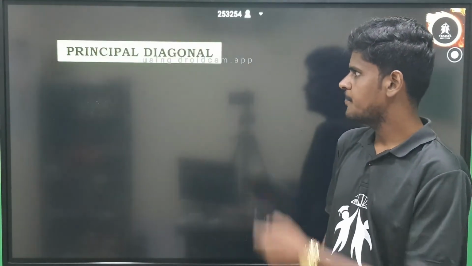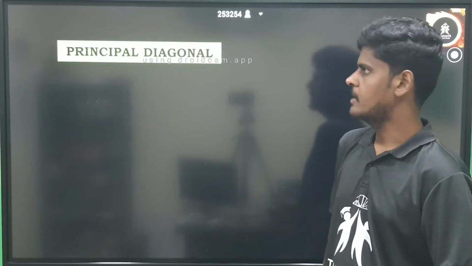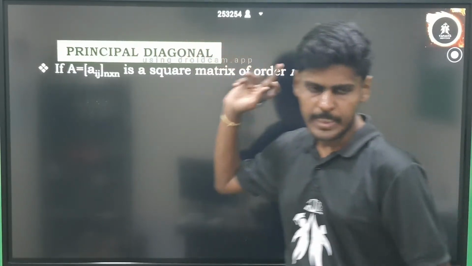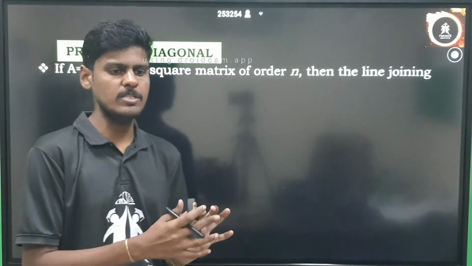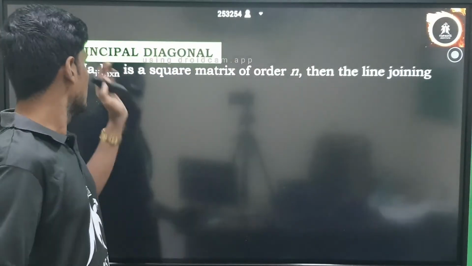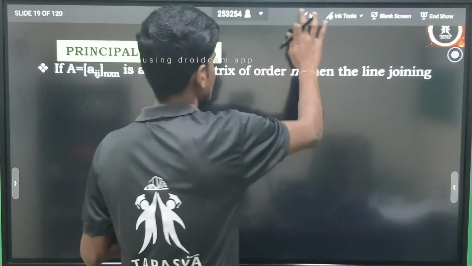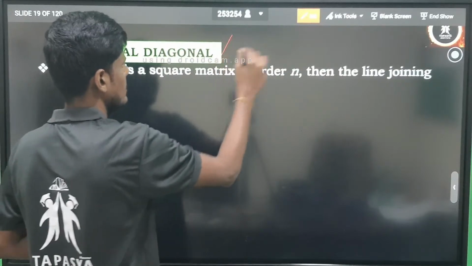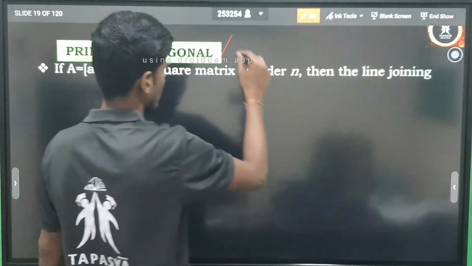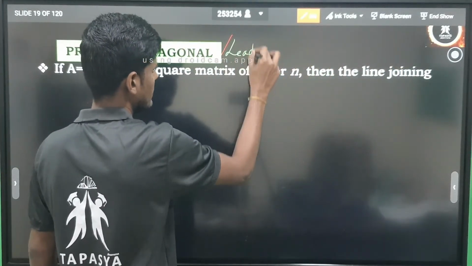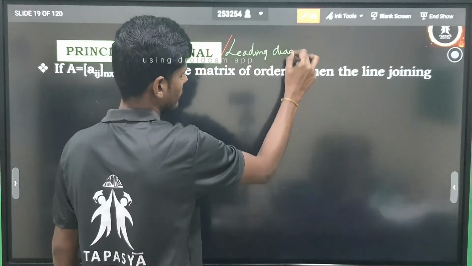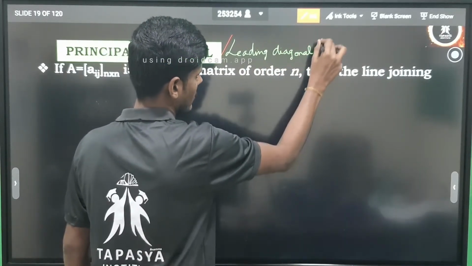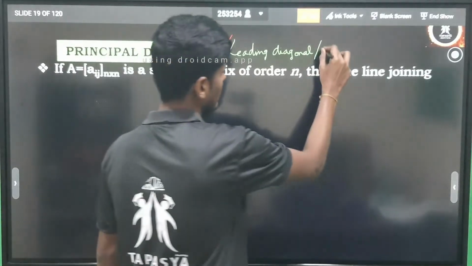Okay, next is, what is a principal diagonal? We call it principal diagonal or main diagonal or leading diagonal. All these terms denote the same thing. So instead of principal diagonal, we can write leading diagonal or main diagonal.